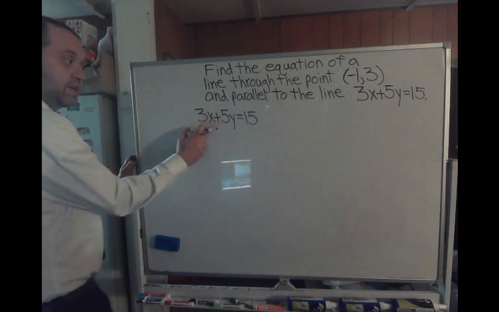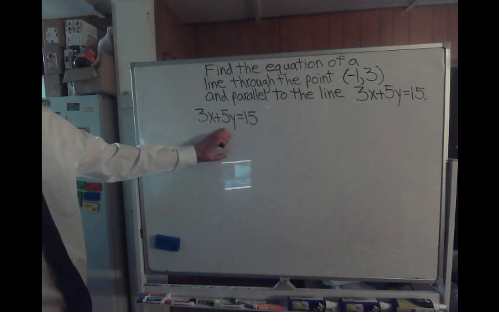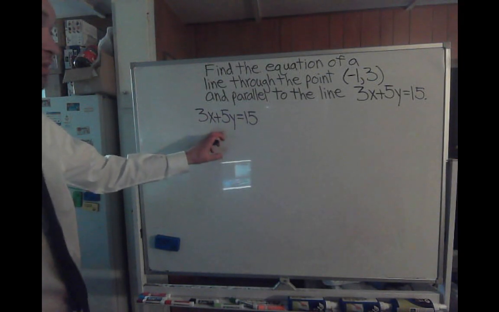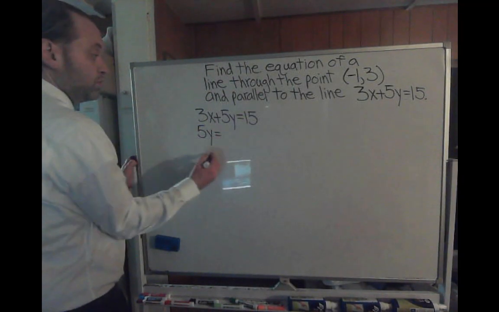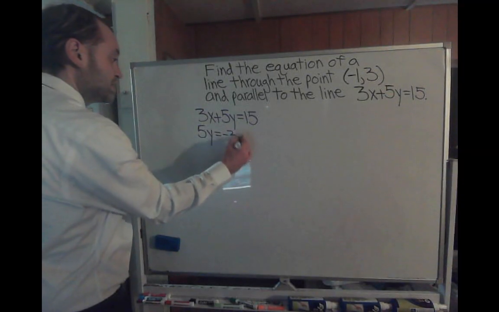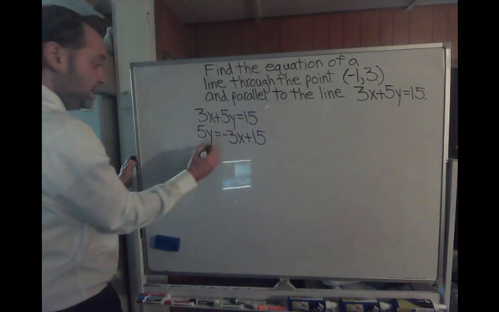In order to convert 3x plus 5y equals 15 from standard form into slope-intercept form, what do we need to do? Get the y term by itself. That would give you 5y equals negative 3x plus 15, which now we just solve for y.